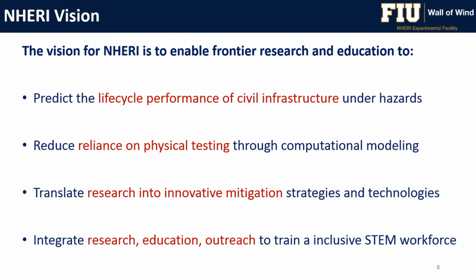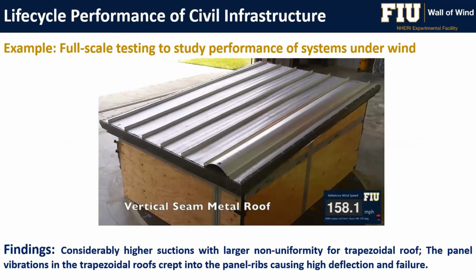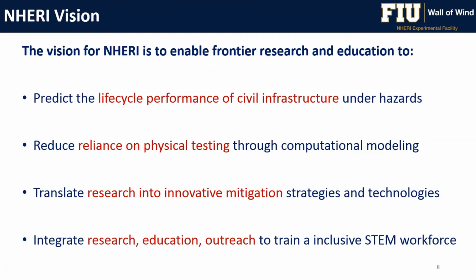Okay, and lastly, how do we integrate research, education, and outreach to train an inclusive STEM workforce? That could be students, that could be teachers, but people who are engaged with STEM, we want to develop that. So I'm going to go through these 4 things one by one, and we start with the life cycle performance.